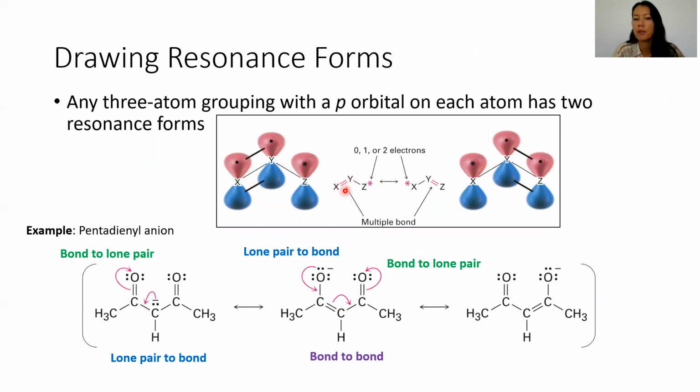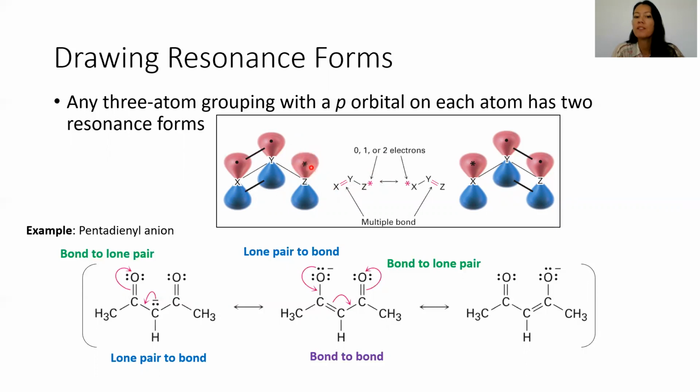It's a multiple bond. The other thing is next door to it, Z should have 0, 1, or 2 electrons. So this Z could have 0, 1, or 2 electrons. 0 because then the pi electrons can go over here. 1 because maybe you could do a radical reaction, 1 from each can form a double bond here.